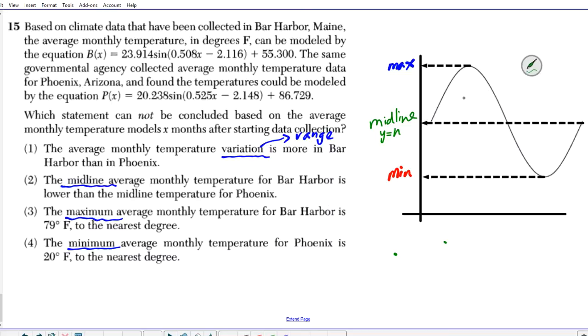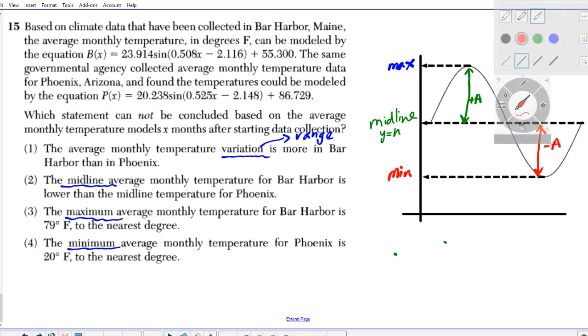Okay, but before we look at that, if you're going from the midline to the maximum or from the midline to the minimum, what you do is you add or subtract the amplitude from the midline. Okay, so if you're going from the midline to your maximum, what you're doing is you're taking the amplitude value and you're adding it to the midline. That takes you to your maximum. Okay, and then if you're looking for your minimum value, you're starting from your midline and you are subtracting the amplitude, so that will take you to your minimum.